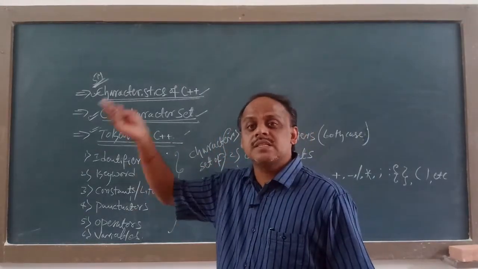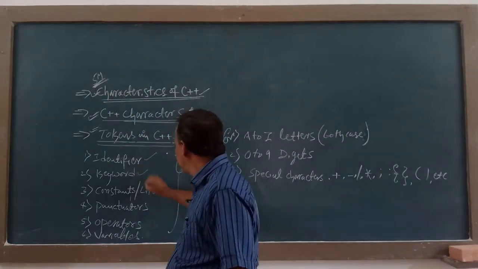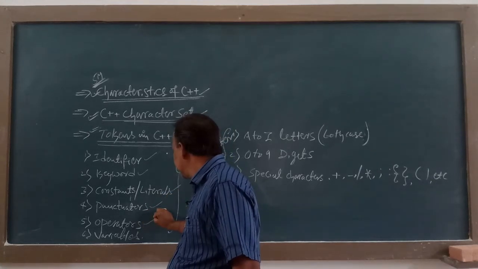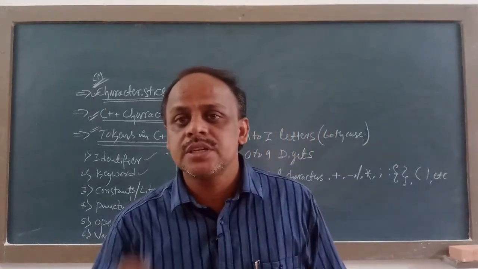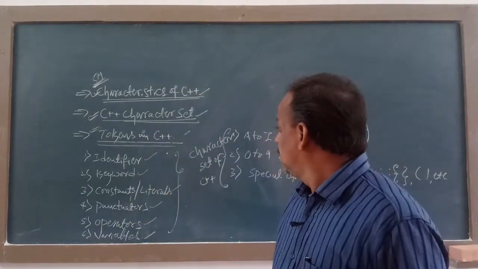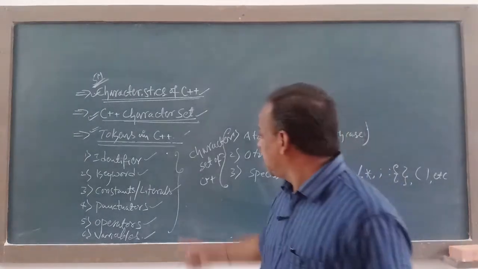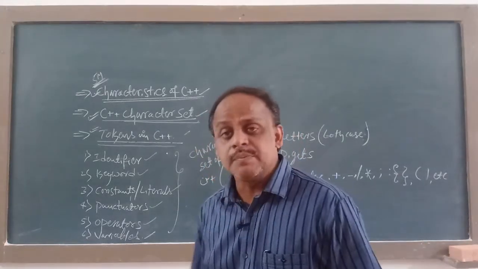What are the tokens of C++? Identifier, keyword, constants, punctuators, operators, variables. These are the tokens of C++.